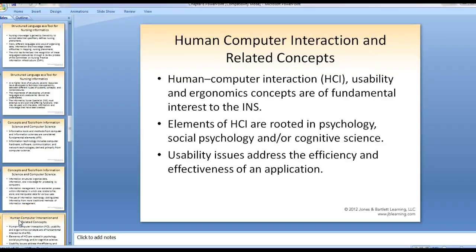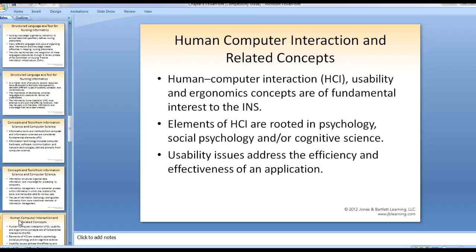So the human-computer interaction. All right, that's basically our usability and ergonomic concepts, right? So how easy is it for everybody to use this EMR? How much damage, maybe eye strain, maybe your wrist hurts because you're typing all the time.